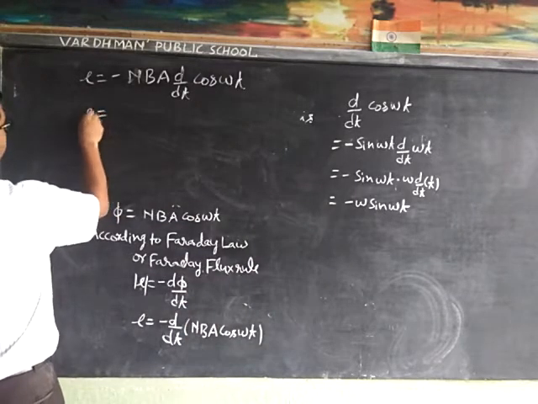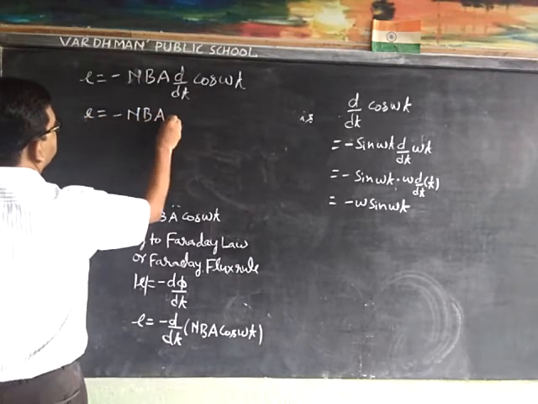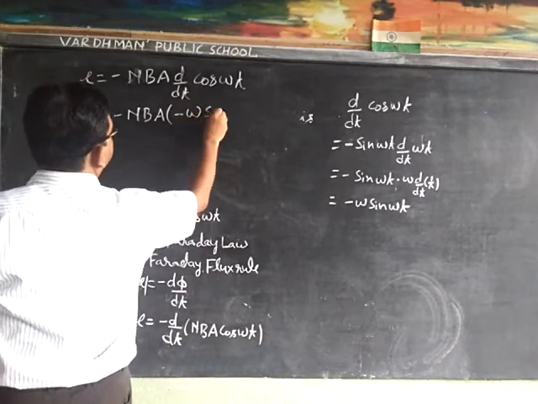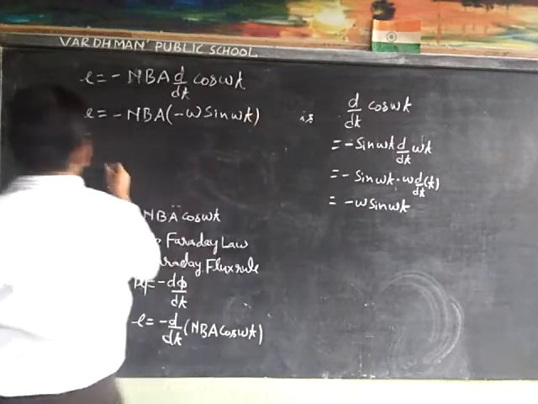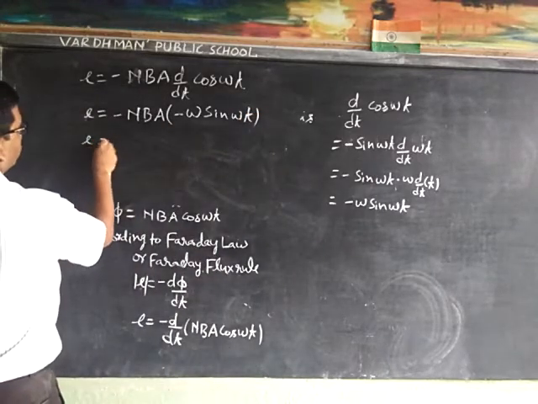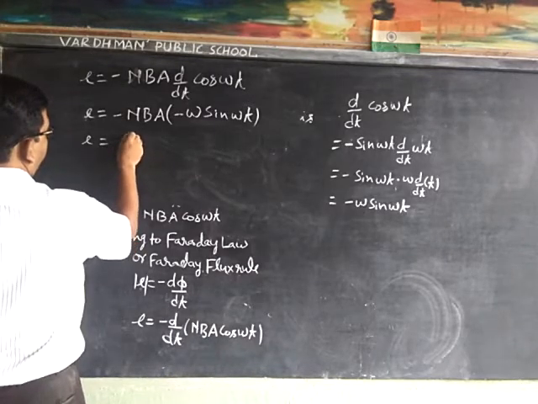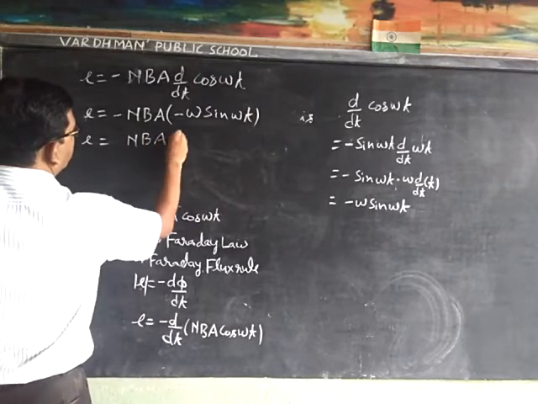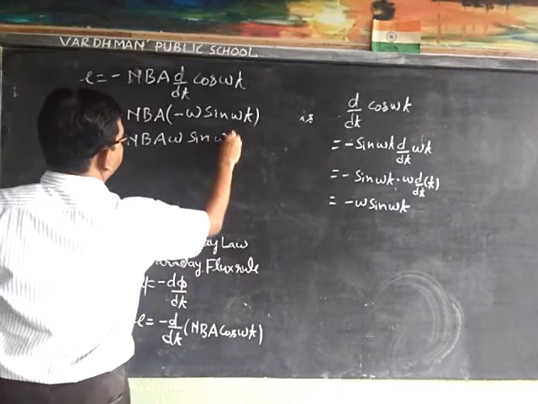So E is equal to minus NBA times minus omega sin omega t. Therefore E is equal to NBA omega sin omega t.